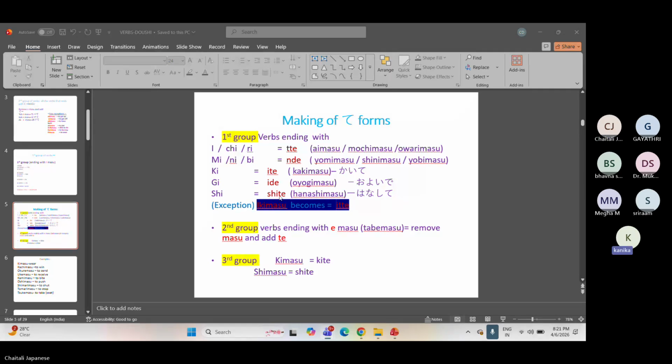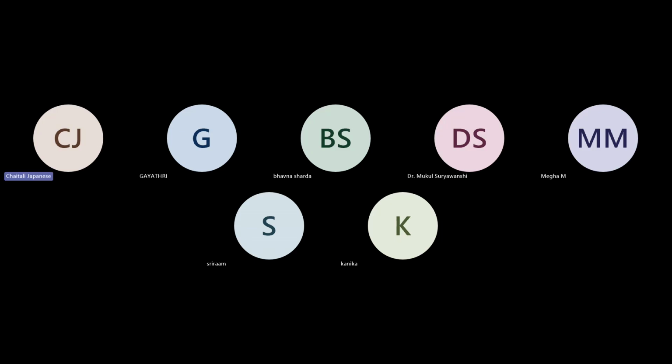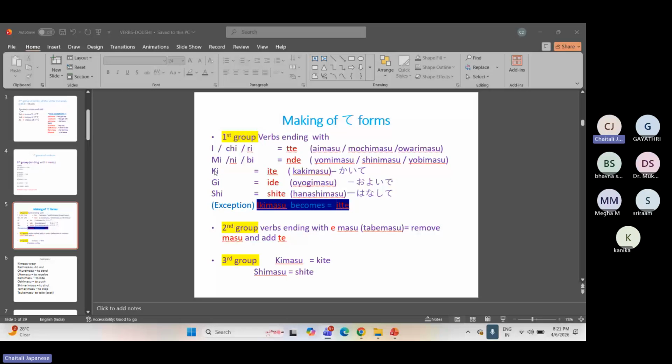And this exception, I can't read. This highlighted exception. Sensei, what is written here? The exception: ki will be replaced with ite. We have ki in ikimasu.